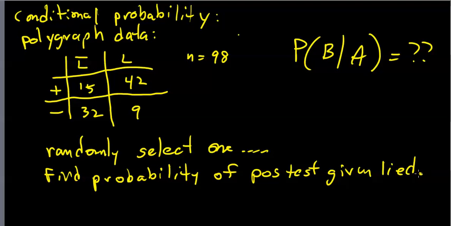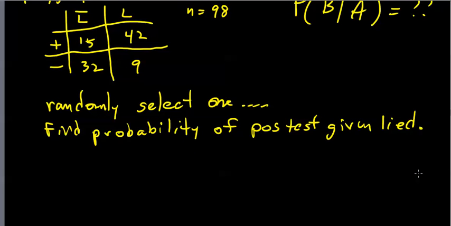All right, so I'm kind of shorthanding this a little bit. If I translate that into the conditional probability syntax, we want the probability of getting a positive test respondent assuming or given, remember this vertical bar we read as the word given, that the subject lied.